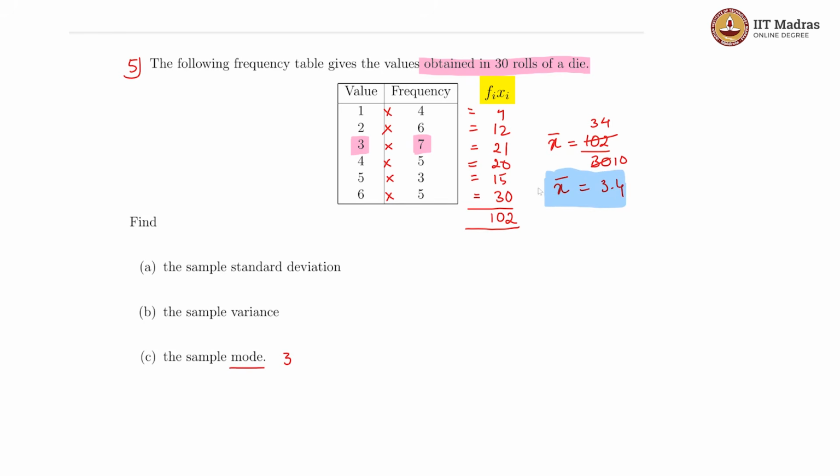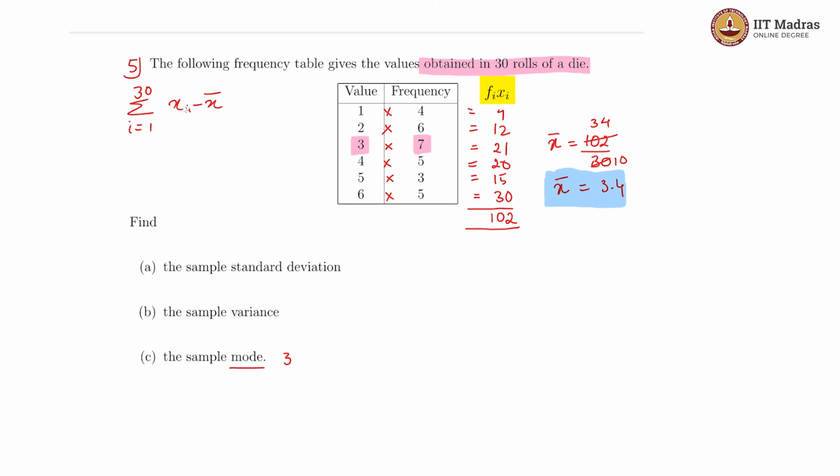And for calculating variance, what we do is we now do sigma of xi minus x bar, squared, where i goes from 1 to 30.